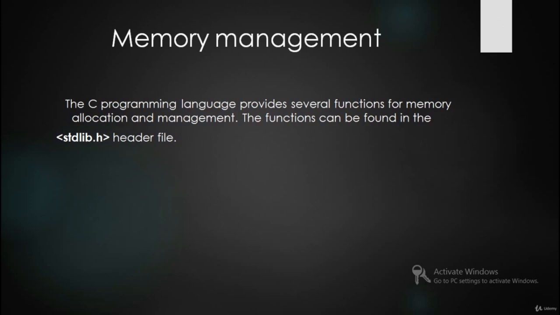So when we want to allocate memory dynamically, we have dynamic memory allocation. When we store a name of a person, we can have an array with a maximum size of 100 characters. Let me explain this over here.